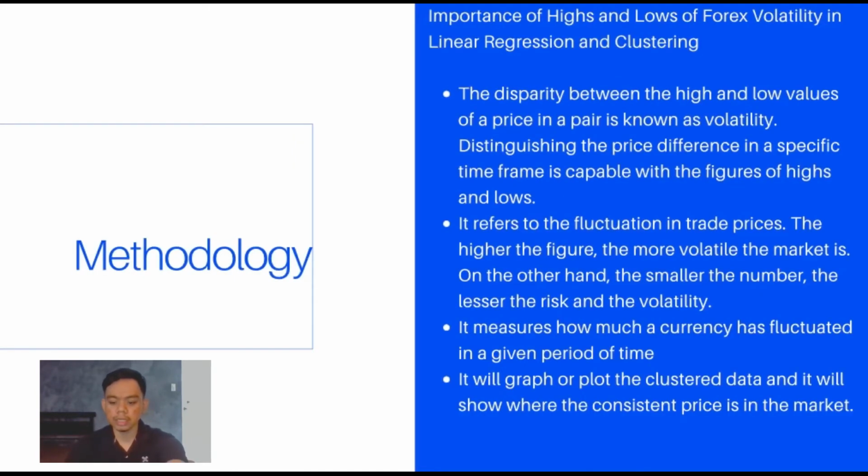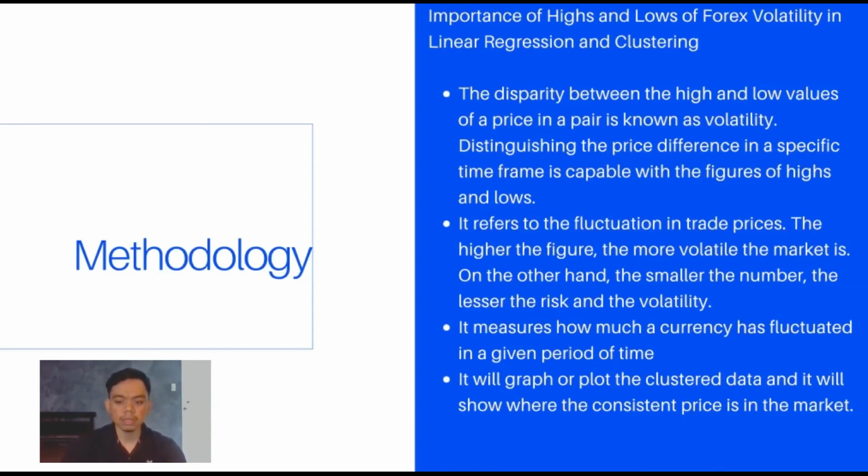So, what is the importance of highs and lows of Forex volatility in linear regression and clustering? First, the disparity between the high and low values of a price in a pair is known as volatility. Distinguishing the price difference in a specific time frame is possible with figures of highs and lows.